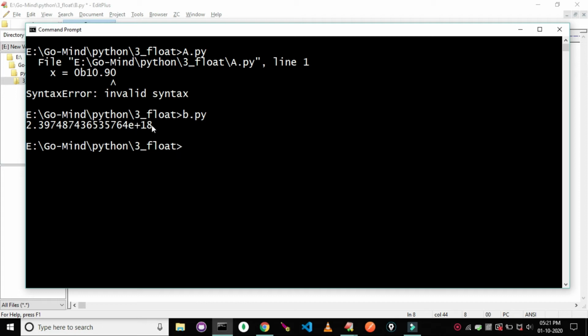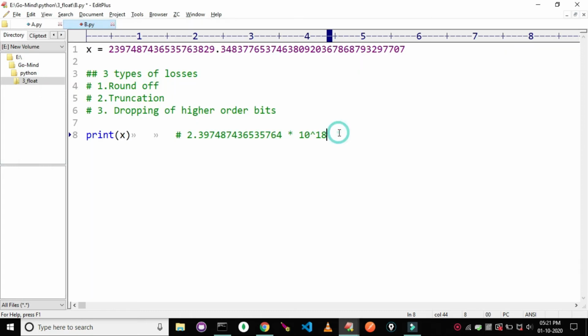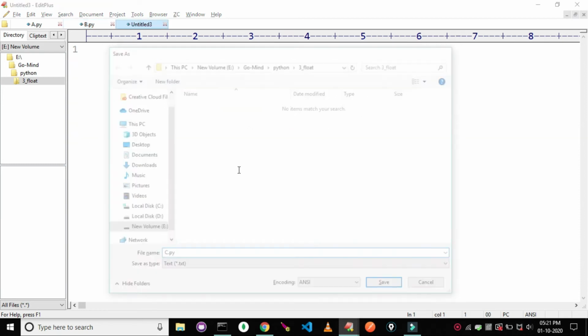We are getting this value, which means that value multiplied by 10 to the power 18. If we have e minus 18 here, then it will be 10 to the power minus 18. So this is converted into its scientific notation.